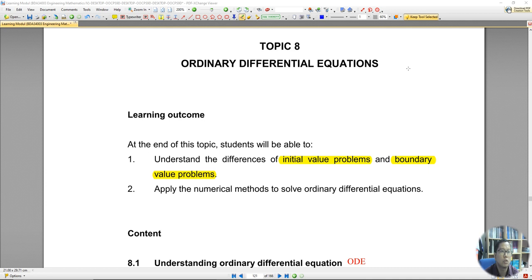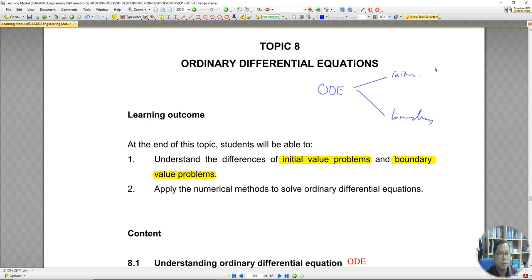So basically, in this topic, ODE can be divided into two, which is initial value problem, IVP, and boundary value problem, BVP.